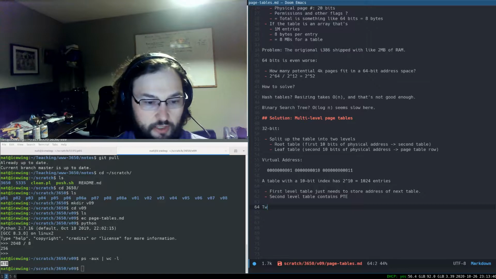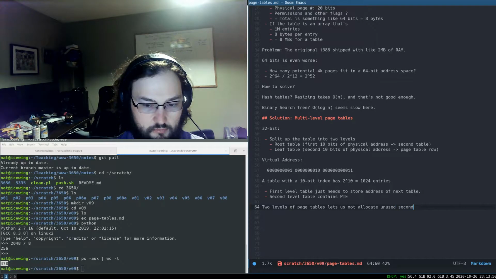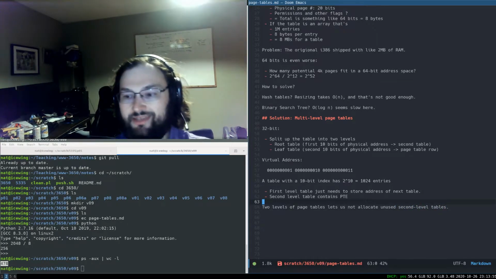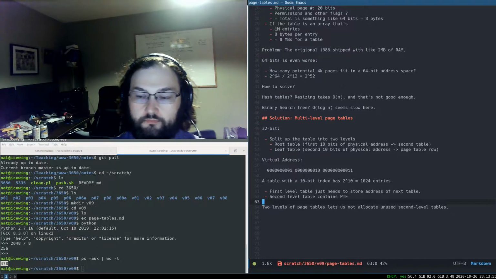And having two levels of page tables means that we can simply not allocate second level page tables that aren't used.